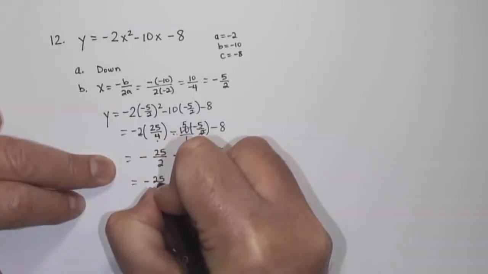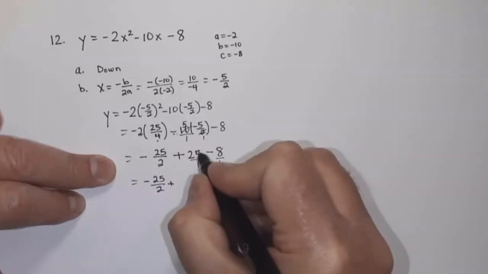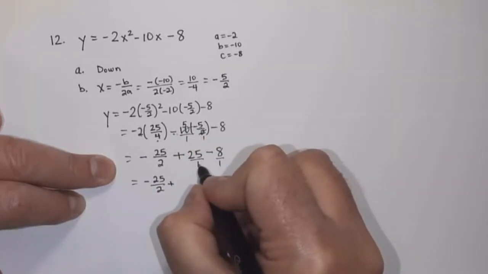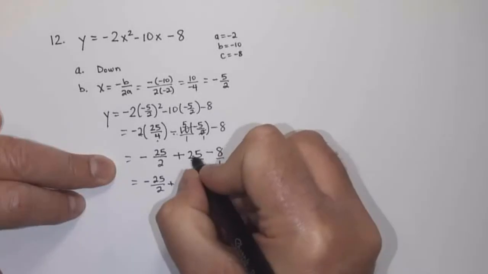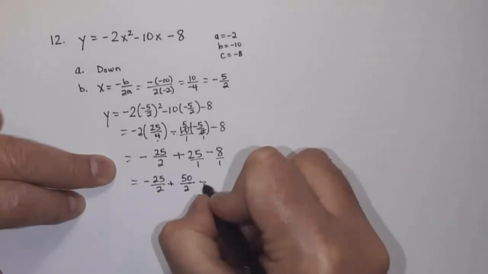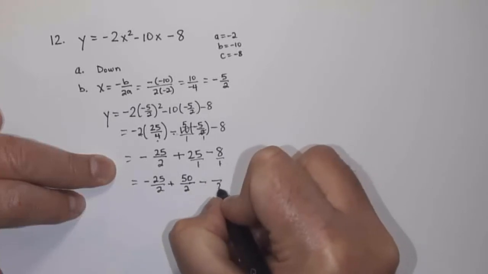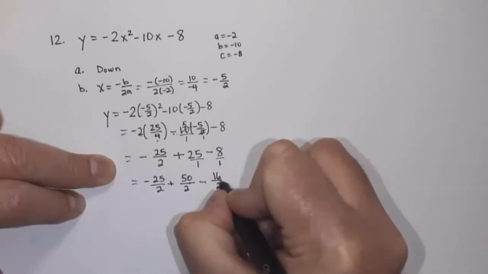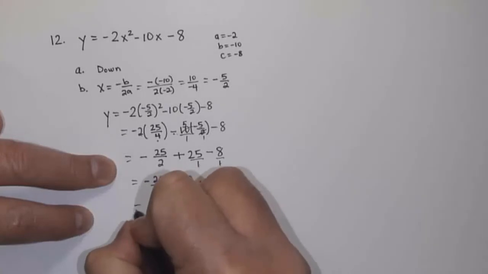So we have negative 25 halves plus. To change this so that we have a denominator of 2, I'm going to have to multiply the 1 by 2, which means I got to multiply the 25 by 2, which is 50. Same here, got to multiply the 1 by 2, so I got to multiply the 8 by 2. Okay?